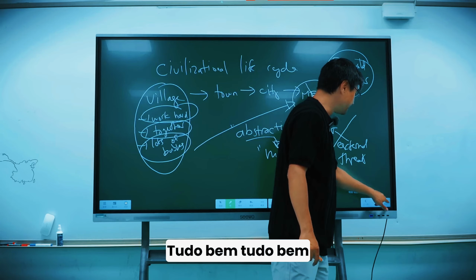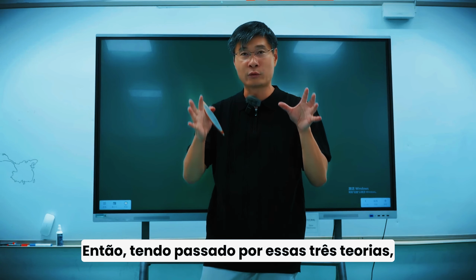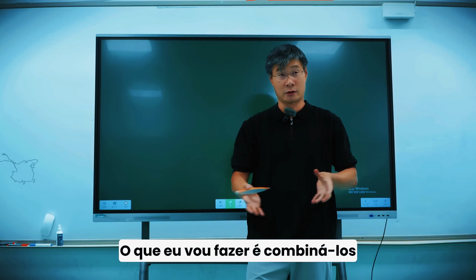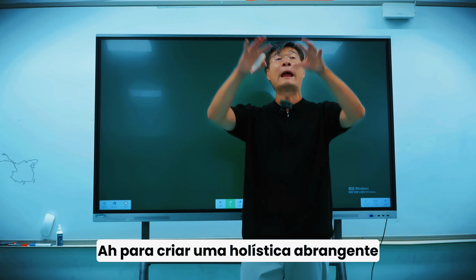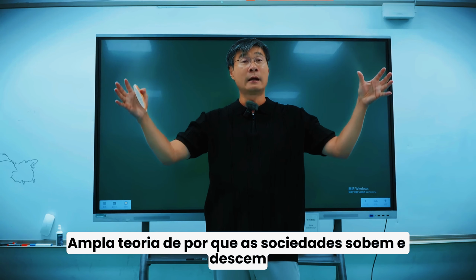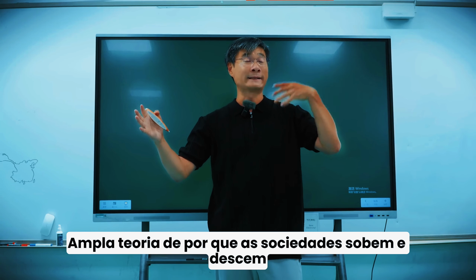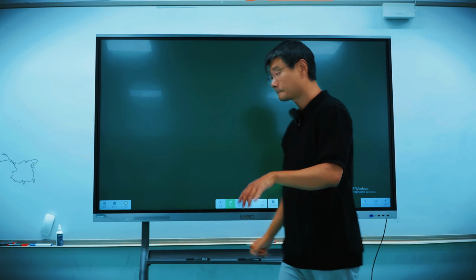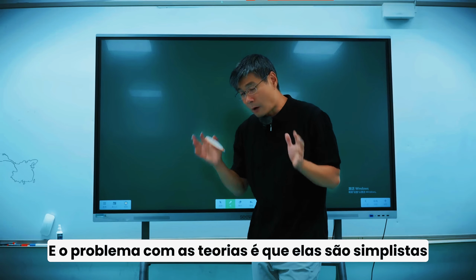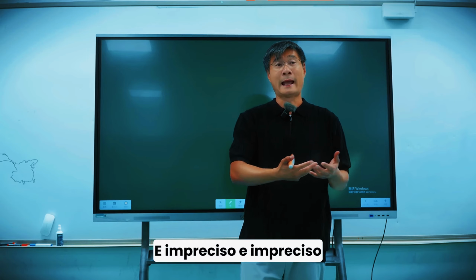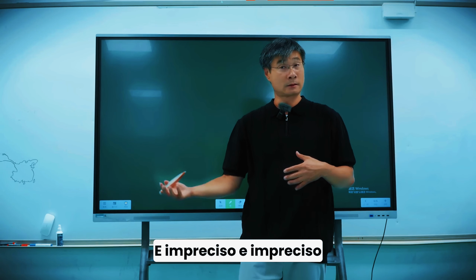All right? So having gone through these three theories, what I'm going to do is combine them together to create a comprehensive, holistic, broad theory of why societies rise and fall. Okay? And the problem with theories is they are simplistic and inaccurate and imprecise.